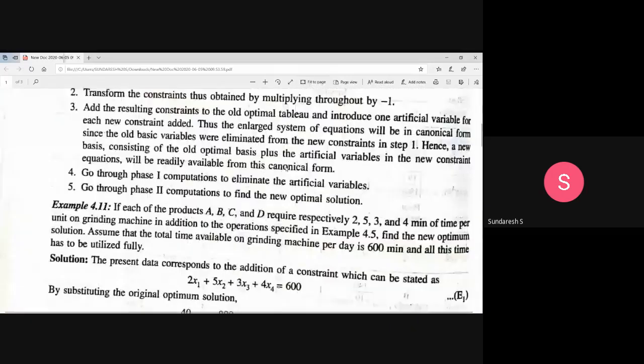So the present data corresponds to the addition of a constraint which can be stated as 2x1 plus 5x2 plus 3x3 plus 4x4 equal to 600, in the sense that it is 2 minutes for each product.